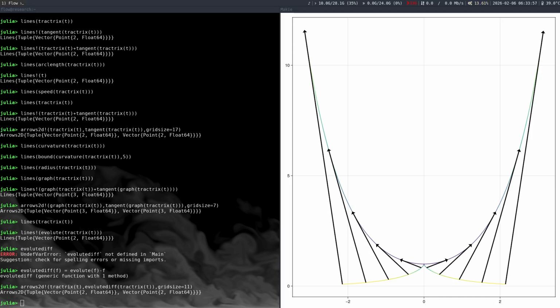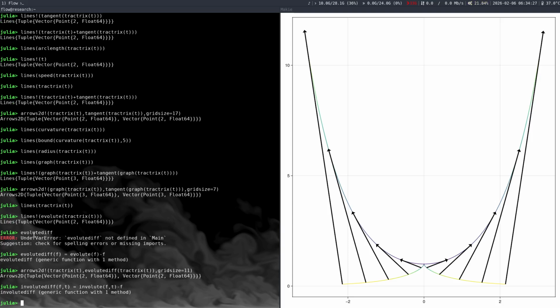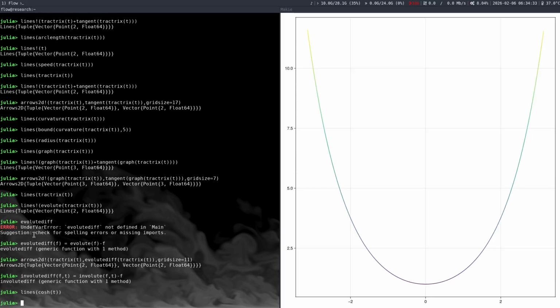And the inverse of this is called the involute. And yeah, you can basically start with, so this is basically the hyperbolic cosine of t.